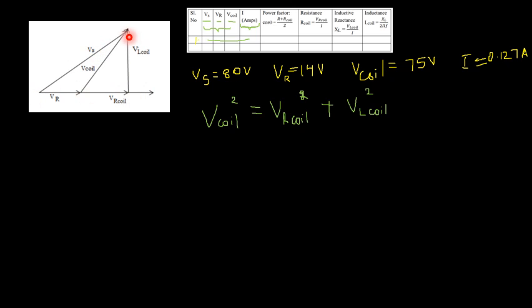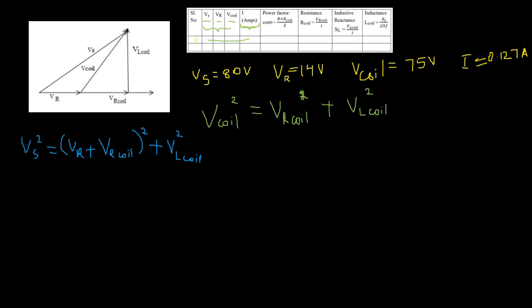So for this outer triangle, the expression is Vs square is equal to VR plus VR coil the whole square plus VL coil the whole square. So this is the expression for the outer triangle.